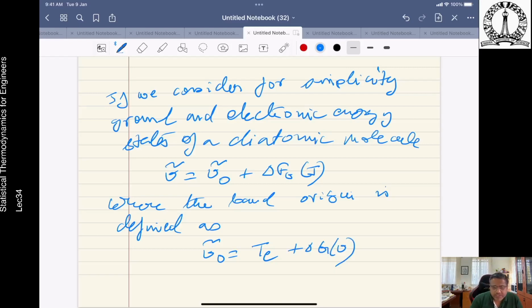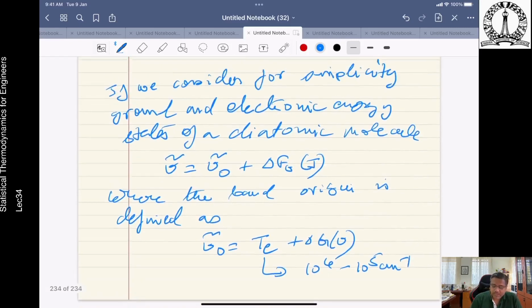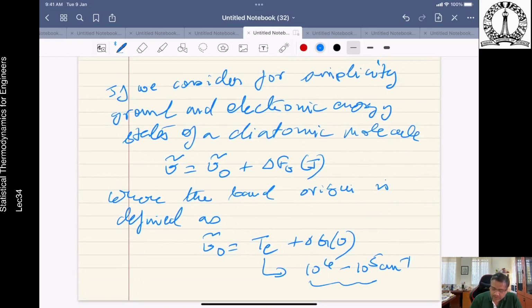The band origin is dominated by T_e, which is of the order of 10 to the power of 4 to 10 to the power of 5 centimeter inverse. This corresponds to the visible or UV part of the spectrum.